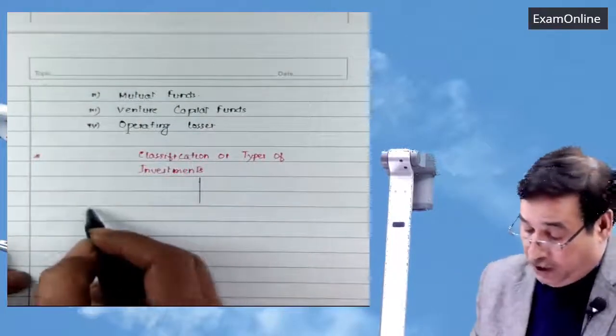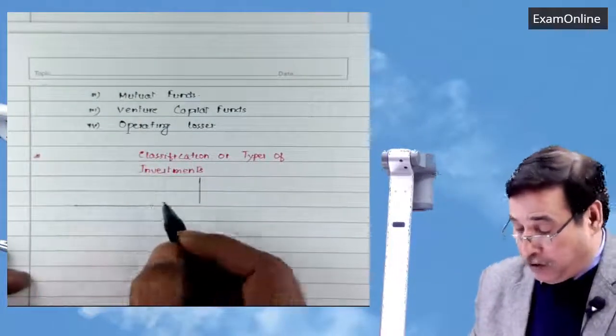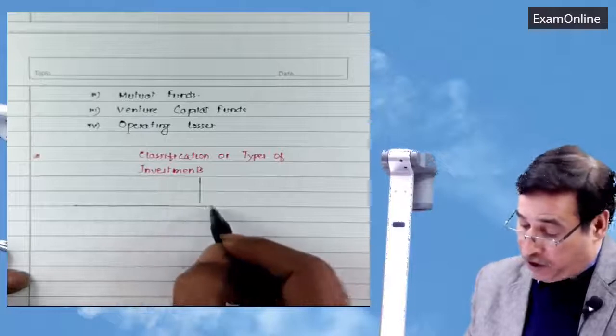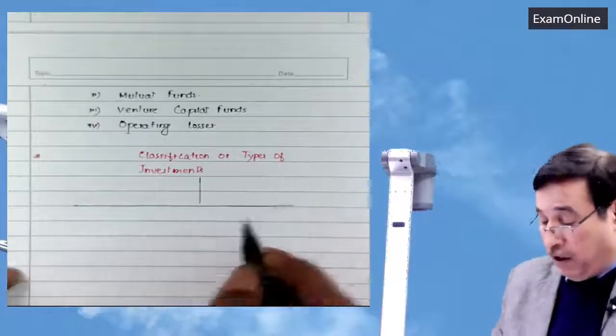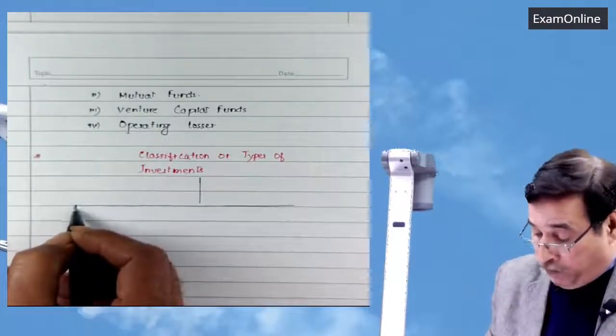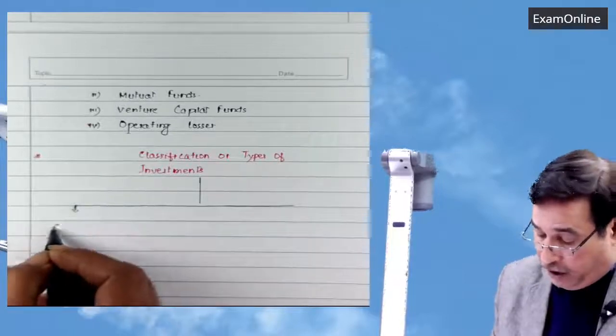One is known as current investment, while the other one is known as non-current investment.